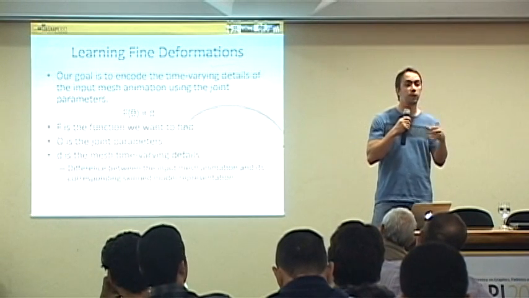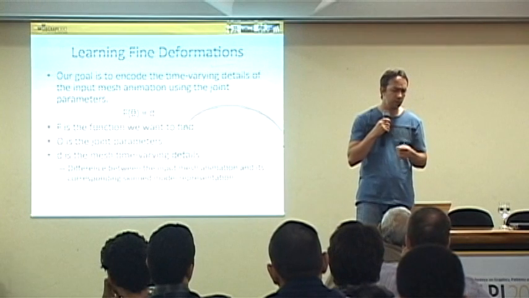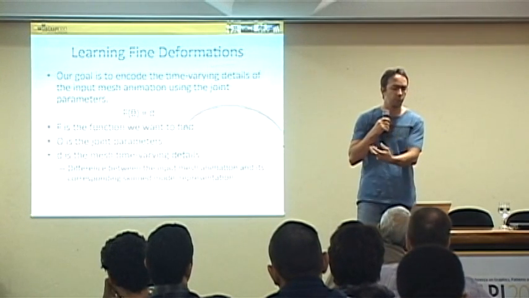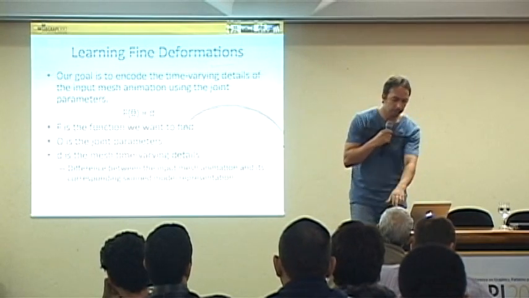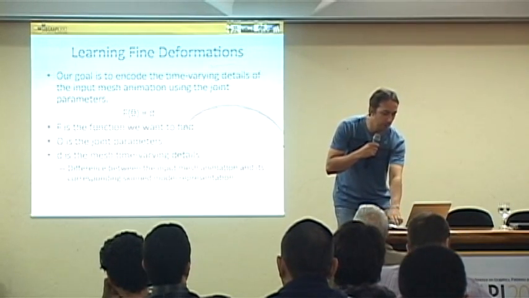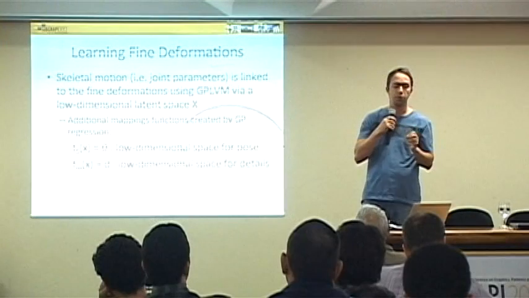In our case, the time-varying details are the difference between the input mesh animation and its corresponding skinned mesh model representation. So the whole idea is to find the function f. Unfortunately, you cannot directly find this function f, so we need to go through some steps to find this relationship.